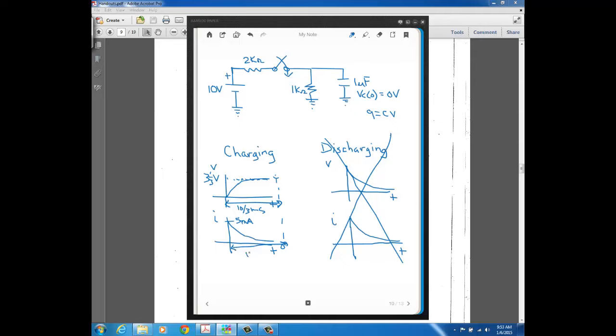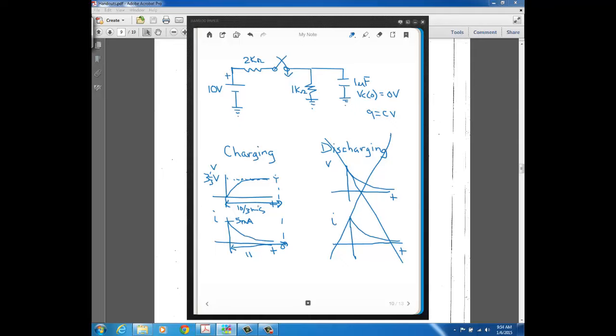Okay? So you see this approach where we're using circuit analysis to solve for these curves, it's all based on your knowledge of first order differential equations, that when you have a first order differential equation, your responses, in this case the responses being voltage and current, well, they're going to be exponential.